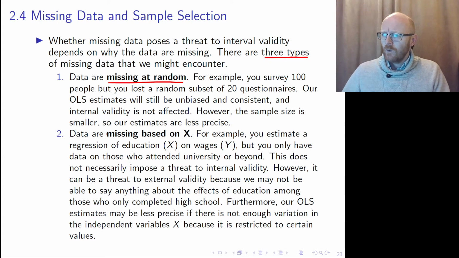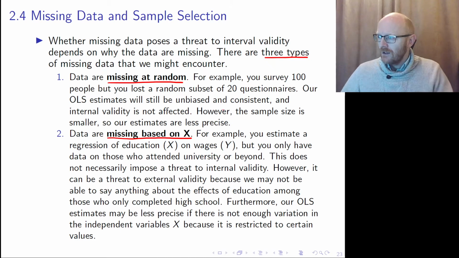So what if the data are missing based on the value of x? Either high values of x or low values of x, observations with those would be missing.